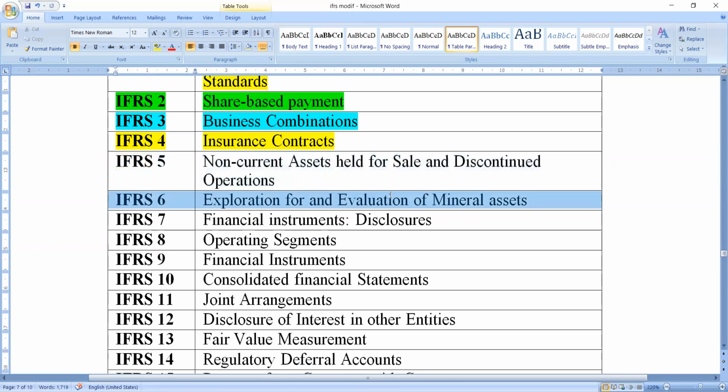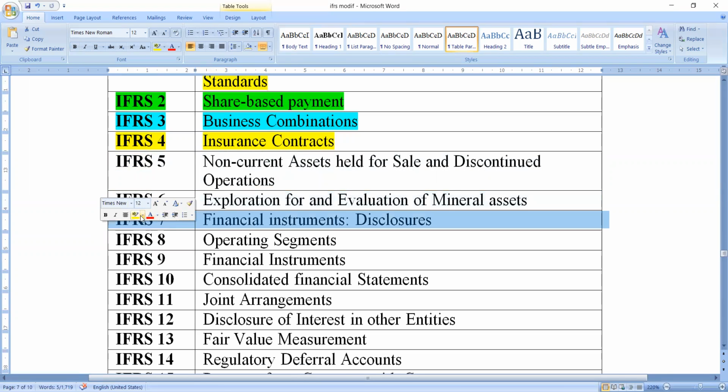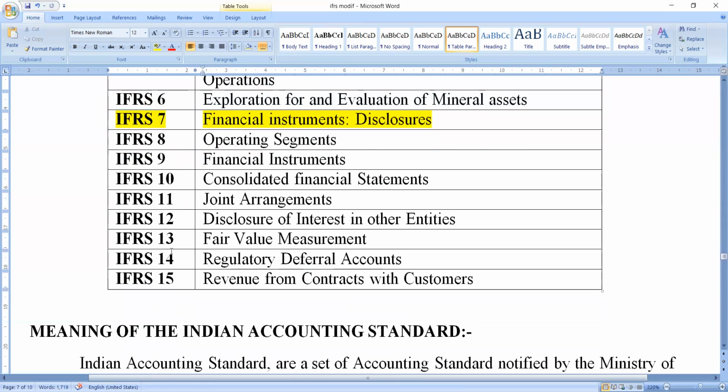IFRS 6 is exploration for and evaluation of mineral resources. IFRS 7, financial instruments disclosures. IFRS 8, operating segments. IFRS 9, financial instruments.